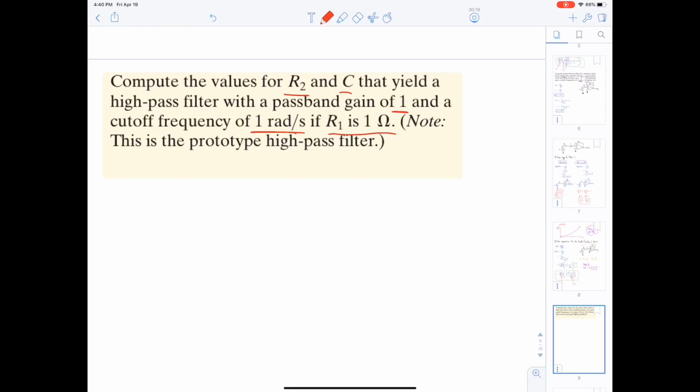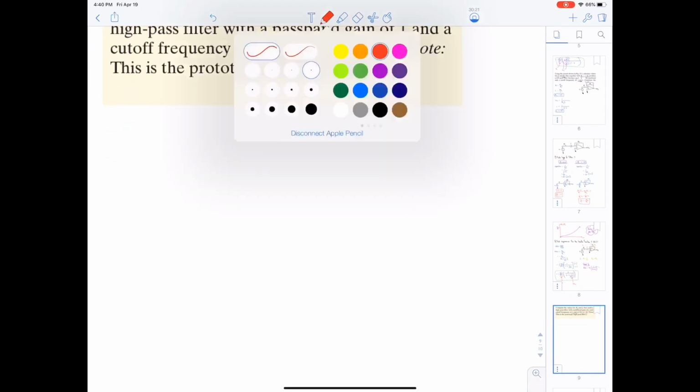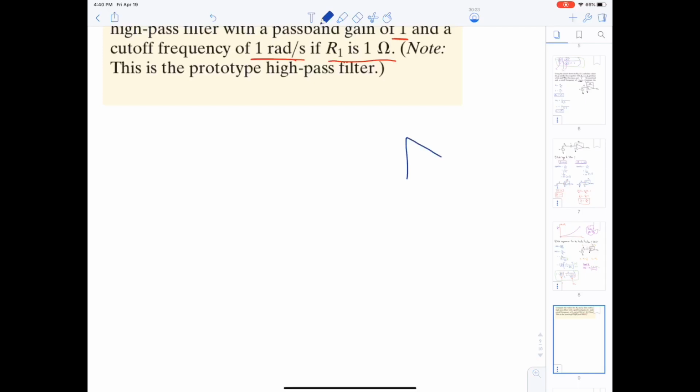First, let's draw the circuit of the high pass filter. Here we have the capacitor with R1, VI, and here is R2.